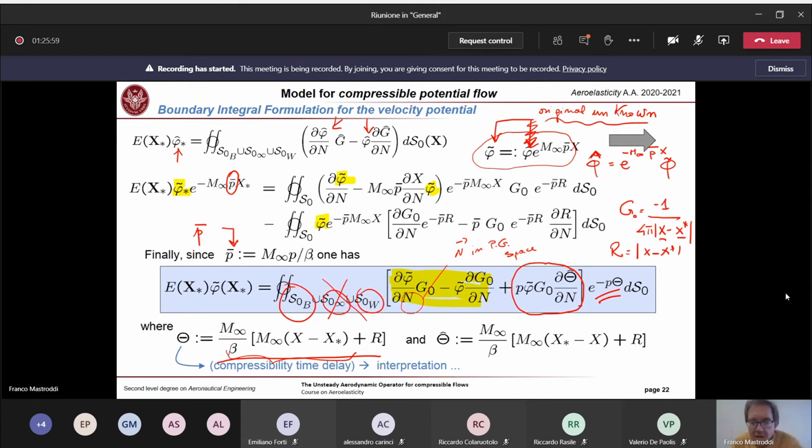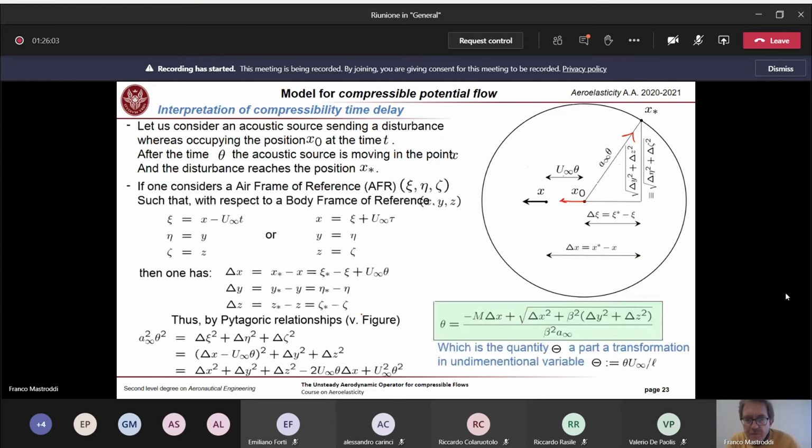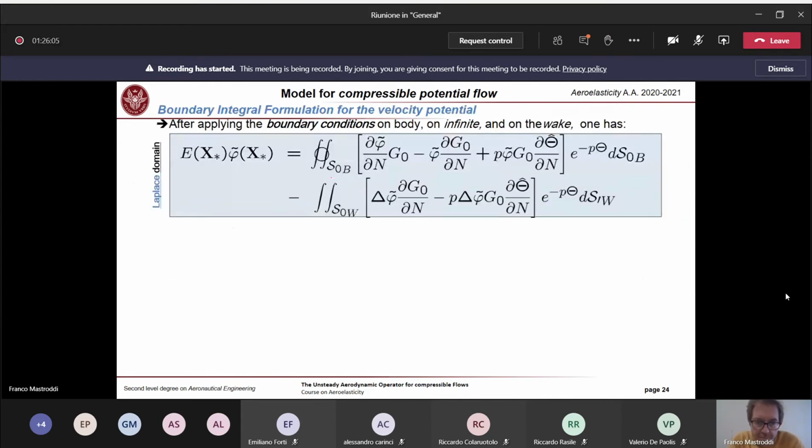On the wake, you have the same kind of consideration we had for a compressible flow, and therefore we have a body integral and a wake integral. And this part in the wake is skipped because in the wake the derivative of delta phi on the normal is 0. And so you have the delta quantity on the wake only in this form.